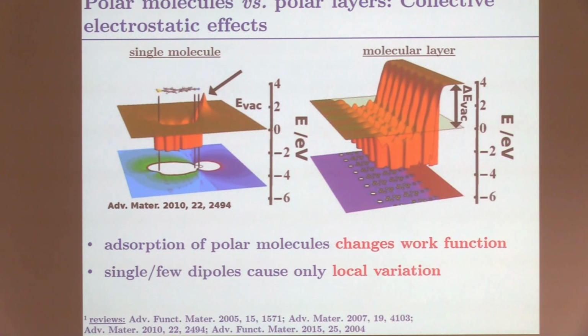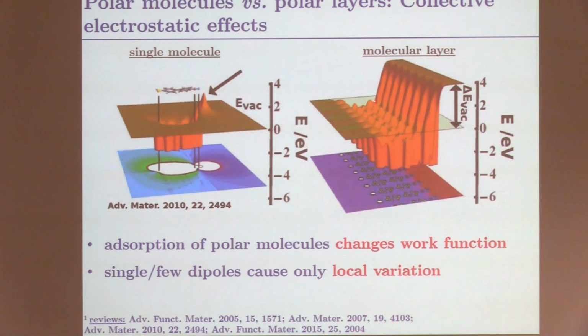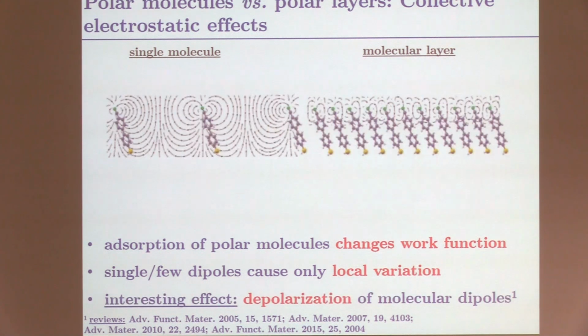While single dipoles only cause local variations, these layers of dipoles can actually result in very large variations of the surface potential. One interesting effect in this context is, of course, depolarization of the molecules when I go into a molecular layer. I have the field lines of a dipole for single molecules. But if I put these molecules closer together, the field lines start to penetrate each of the molecules.